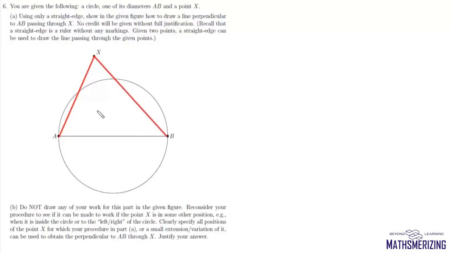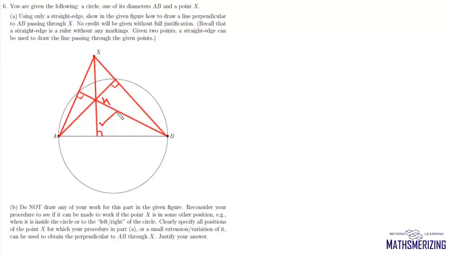Then we know that this angle is 90 degrees because it is an angle in a semicircle, and in the same way this angle is also 90 degrees. So this point H is the orthocenter of triangle ABX, and if we join H with X, this is the perpendicular that we need. So that's part A.